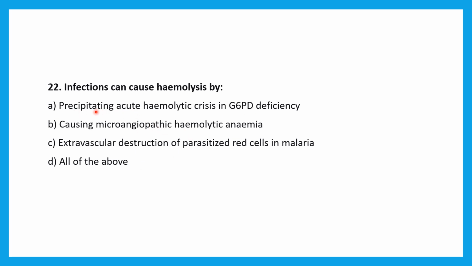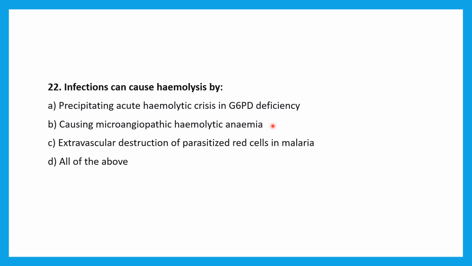So if the first one is correct, we need to take note that infections themselves are a common trigger for hemolysis, and this is one of the pathways. The other pathway, I'm going to agree with B, because they are saying causing microangiopathic hemolytic anemia. Yes, when there is severe sepsis. Severe sepsis can trigger disseminated intravascular coagulation, DIC, leading to the mechanical fragmentation we talked about previously.